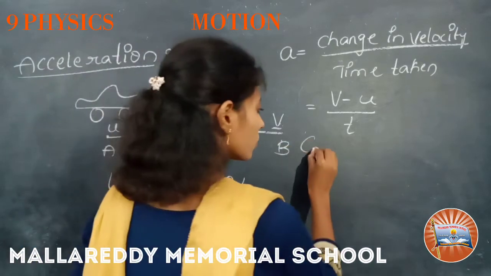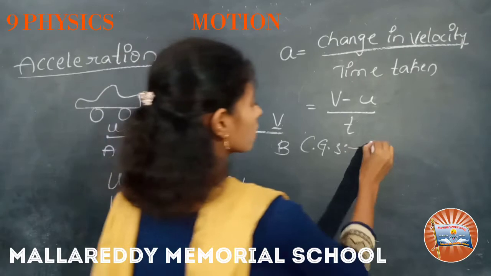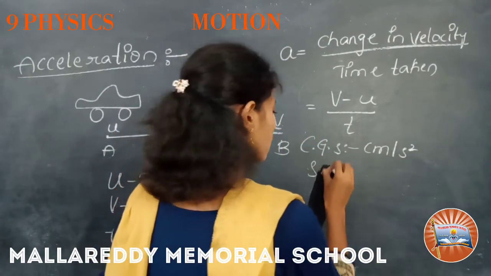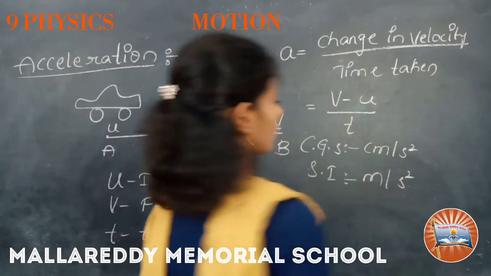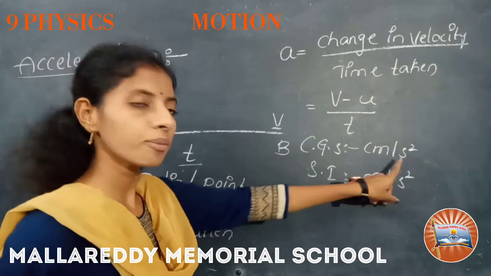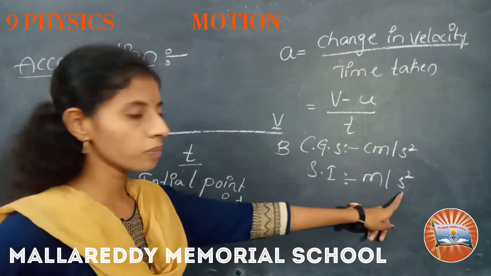And we have the units. The CGS unit is centimeter per second square and the SI unit is meter per second square. For velocity, the CGS unit is centimeter per second and the SI unit is meter per second.